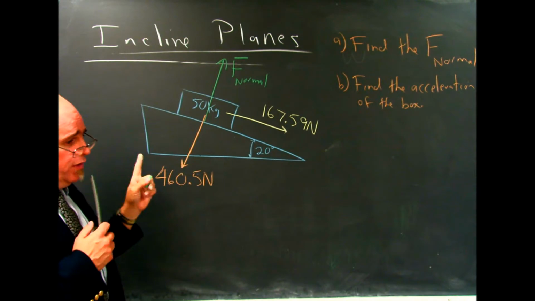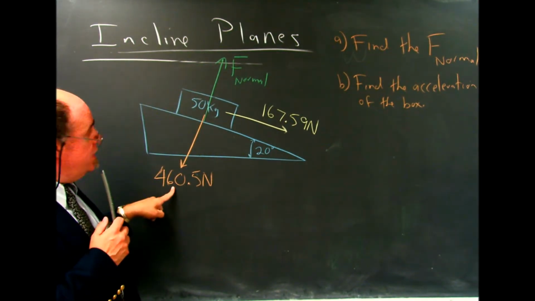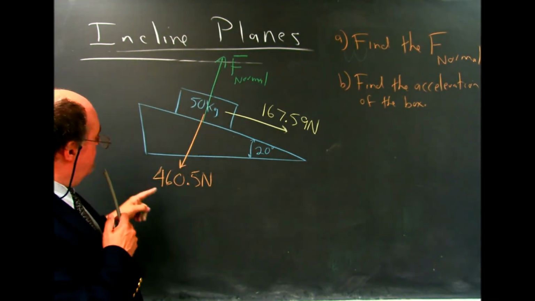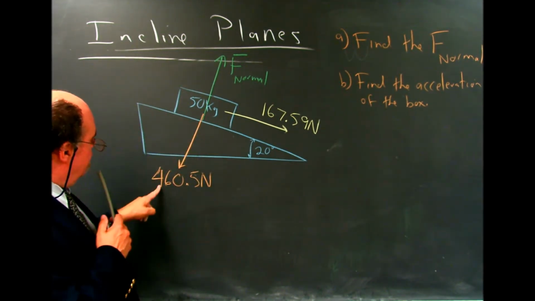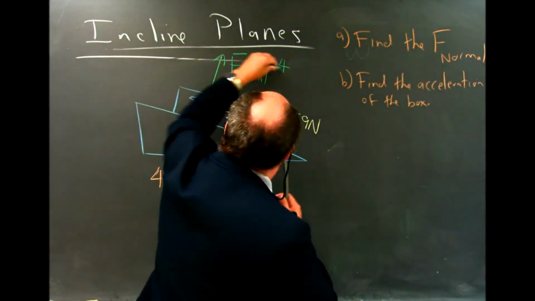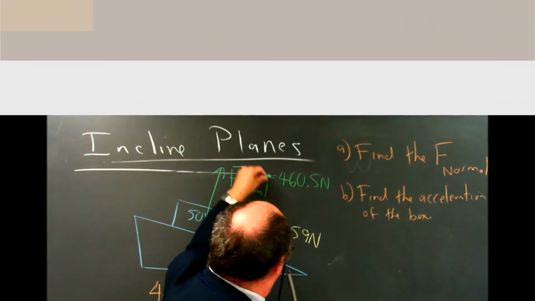Okay, so if you look here, they're lining each other up. They're pointing in the exact same direction, both perpendicular to the surface, and they should be equal and opposite. So this is pushing perpendicular into the hill with 460.5 newtons. This should be pointing out with 460.5 newtons.